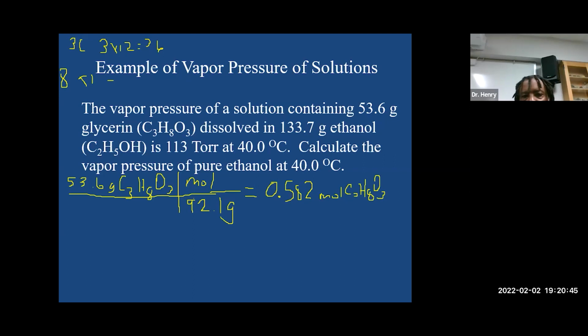Okay. So we need to do the same thing for the ethanol, C2H5OH. 46.